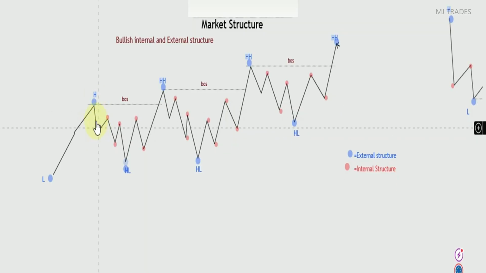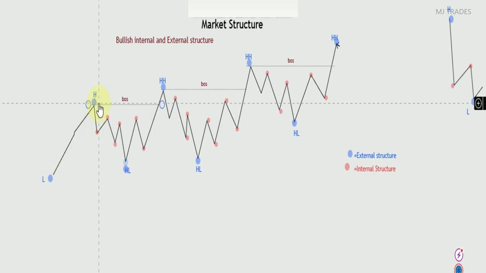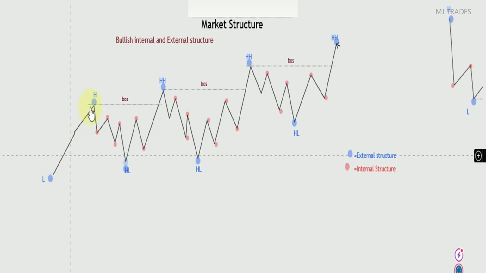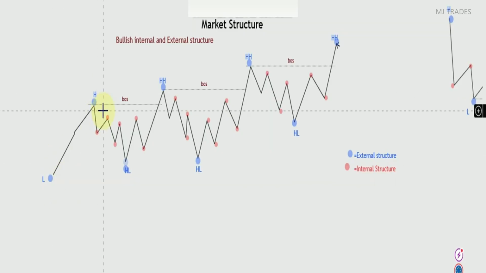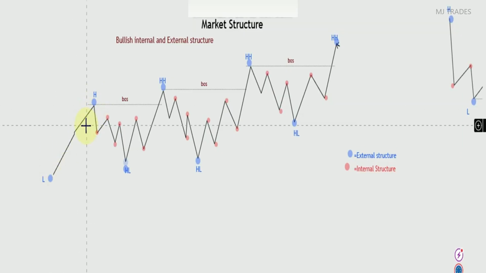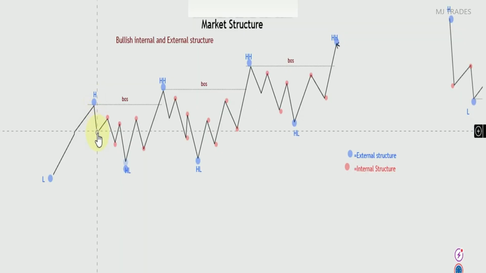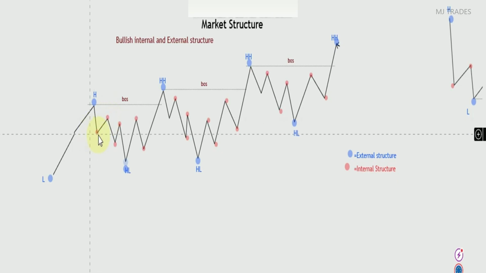The pullback is when the market is pulling back after a long expansion or after a long push. So the market comes and creates a little bit of pullback. But how do we know that this is not the last higher high?